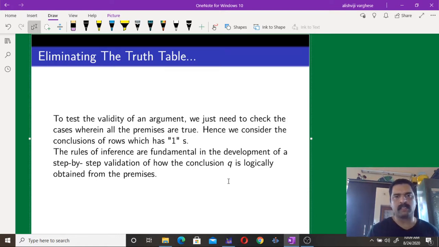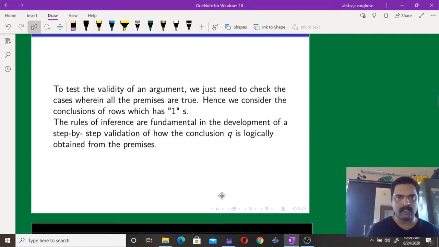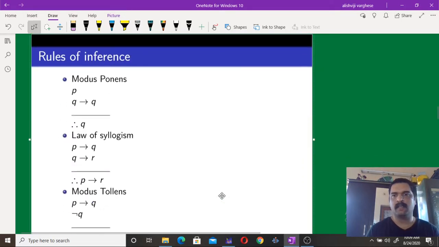So instead of constructing the truth table and observing the truth value of the conclusion corresponding to the premises with truth value 1, we can develop another method in which we obtain the conclusion from the premises in a logically correct step-by-step procedure, and that is a more logical method to obtain the conclusion.